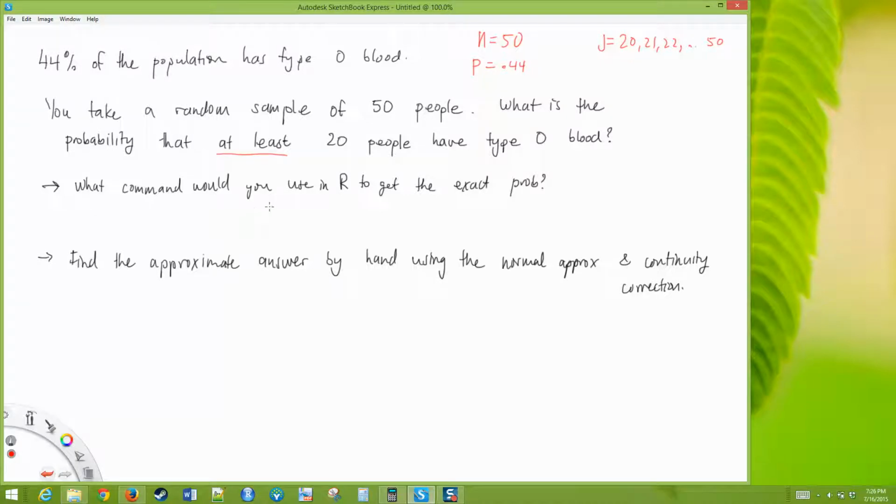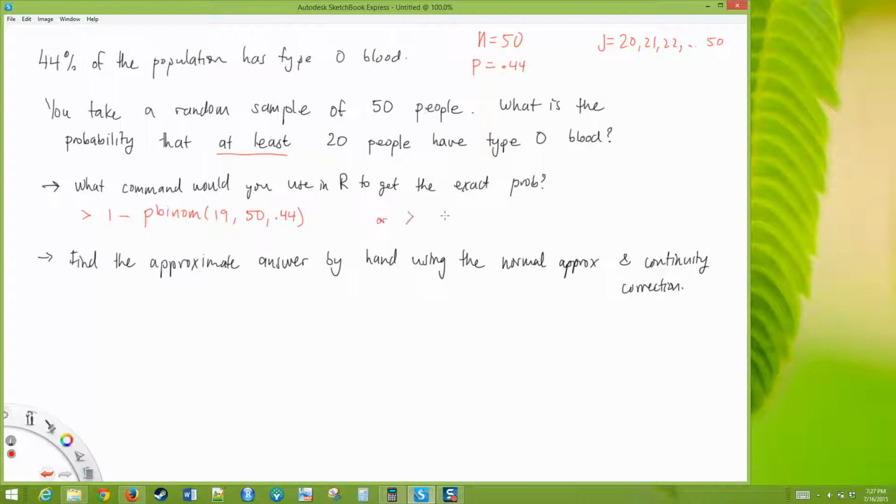So with R, there's a few ways we can do this. One, I think this is probably the most straightforward. We would write 1 minus pbinom, because pbinom calculates the sum from 0 to whatever number you put in. So I would put in 1 minus pbinom(19, 50, 0.44).